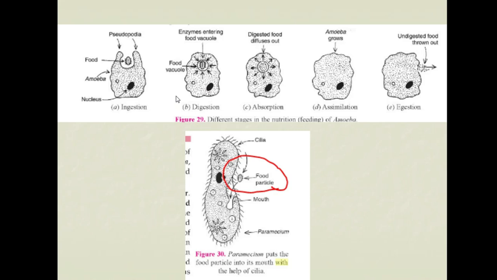Similar to amoeba, we have one more microorganism, a protozoan called paramecium, which has a lot of cilia at its surface. So instead of pseudopodia, the paramecium uses its cilia to capture the food and takes it inside its body. The same process happens as in amoeba: ingestion, digestion, absorption, assimilation, and egestion take place.